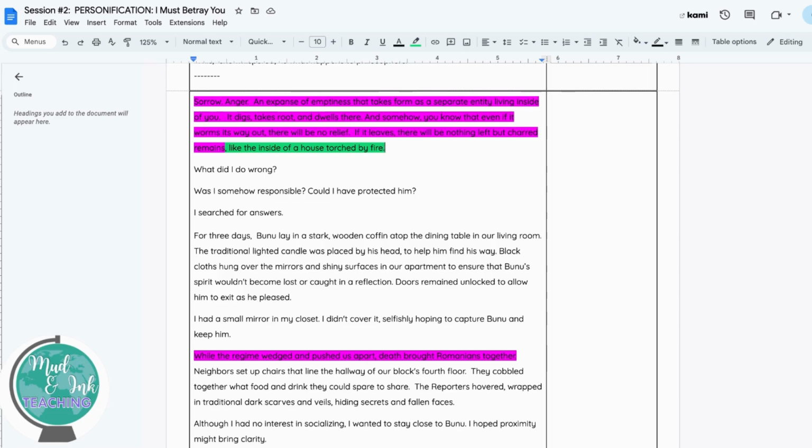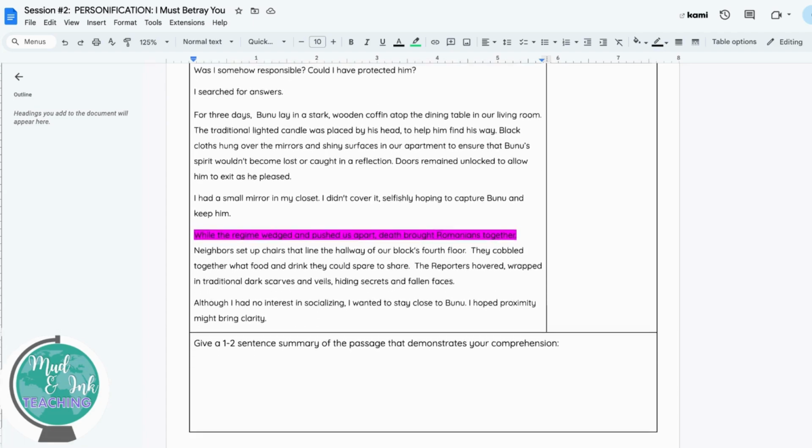Some people feel sad but distant. Some people feel heartbroken and completely and totally alone, right? This is the unique experience of our main character, and it really is achieved through personification.